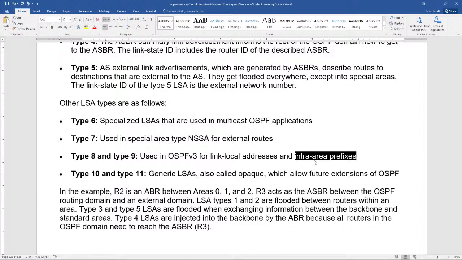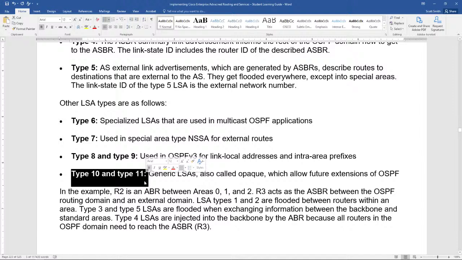Remember, intra-area means stuff within the area. Then types 10 and 11 we don't see too much either. These are opaque LSAs, primarily designed for future extensions of OSPF to carry information that might be deemed necessary later on.